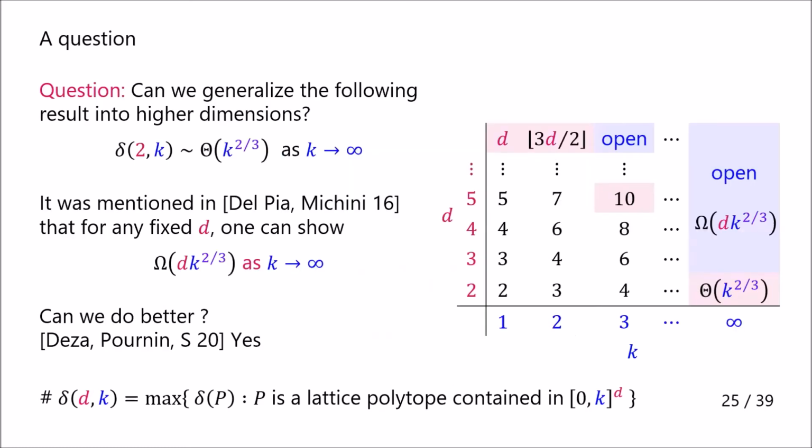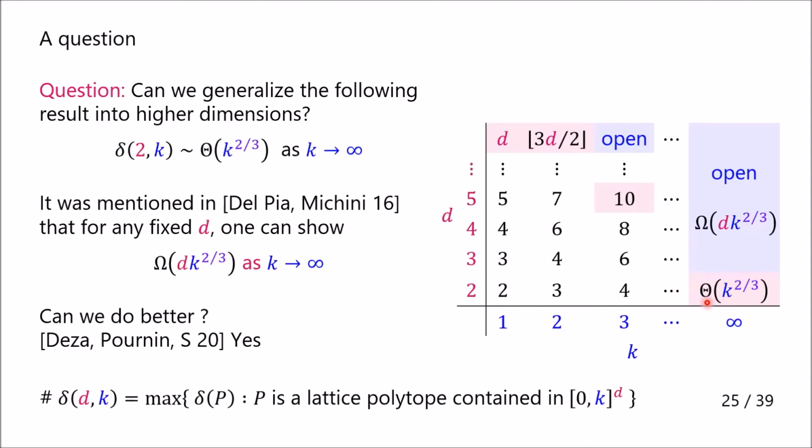And previous results can be summarized by using such a table. The horizontal axis corresponds to the value of k, and the vertical axis corresponds to the value of d. And for example, the result for the Z1 polytopes reveals the values here, and those by Del Pia and Mincini reveal here, and the asymptotic bound in dimension 2 reveals here.